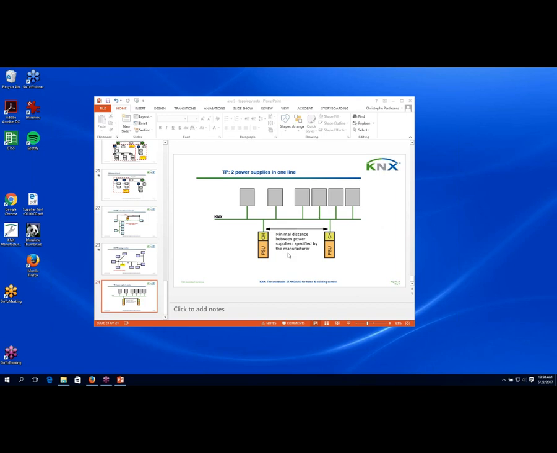What is the approximate number of devices in a project that makes sense to have in order to replace the backbone line with IP? Okay, I see what you mean. Well, it's not only the number of devices that defines it, it is really the bus traffic. Yeah, I cannot answer that question.